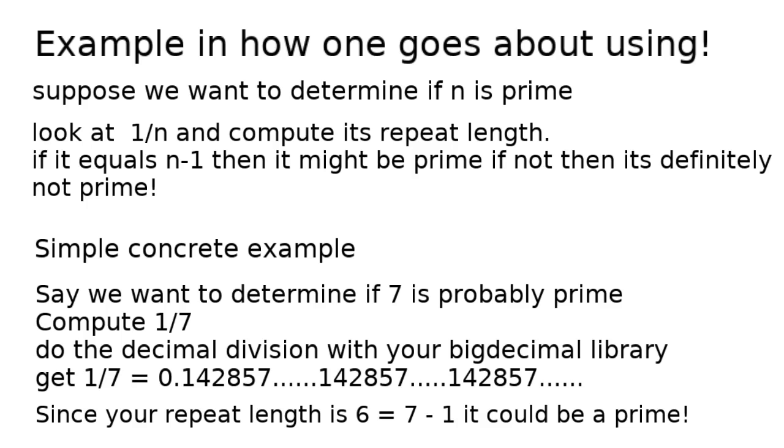So it could be prime. It didn't rule out compositeness. It didn't give us full primeness of the number, but it did demonstrate that this could possibly be a prime. It's not something that we know is composite yet.